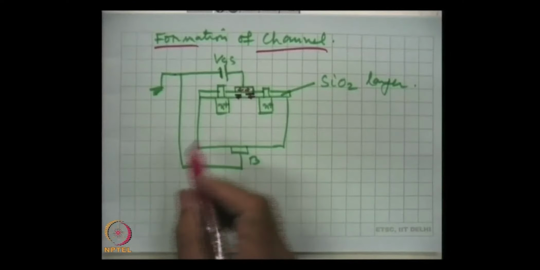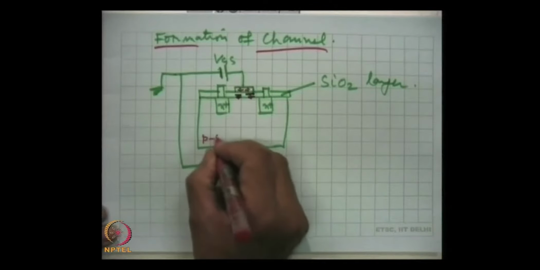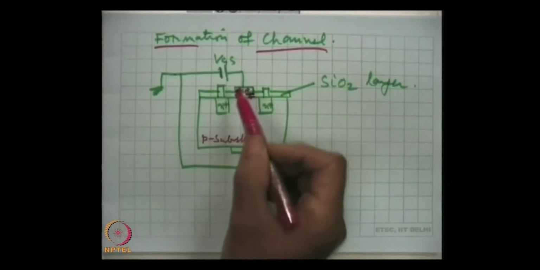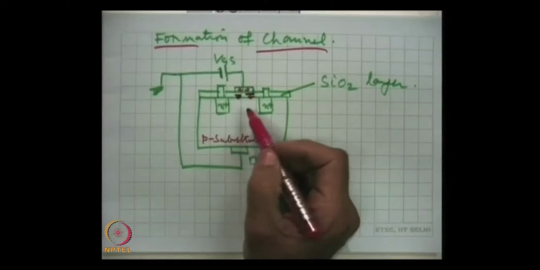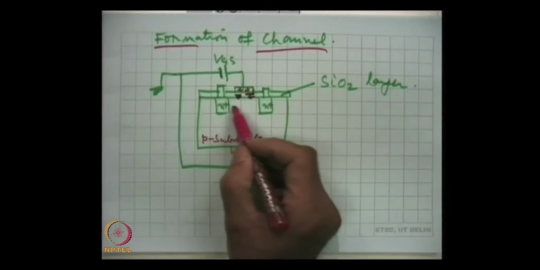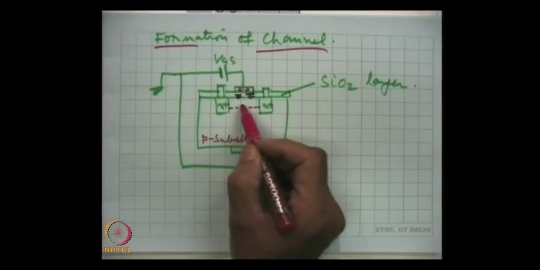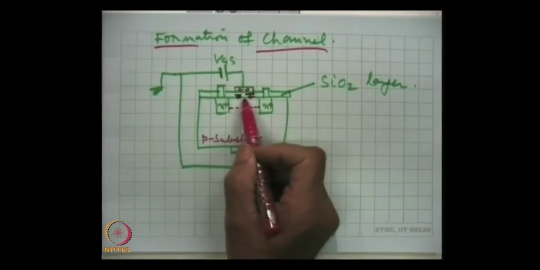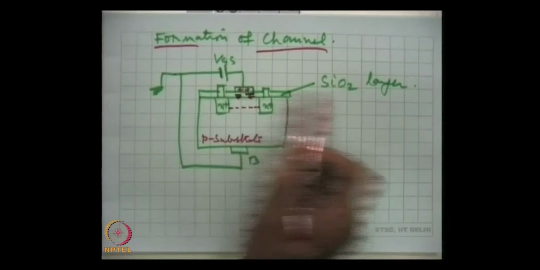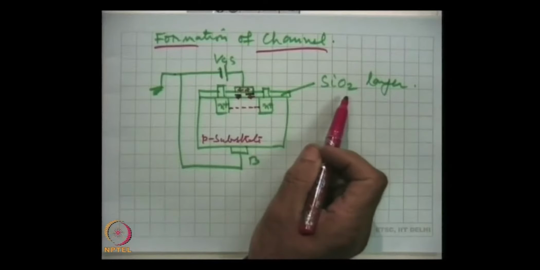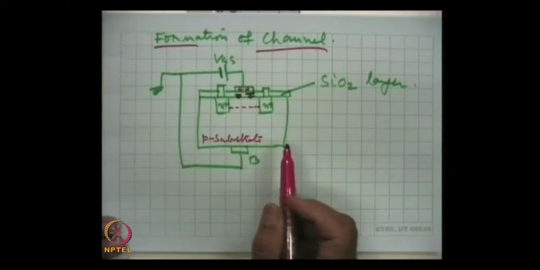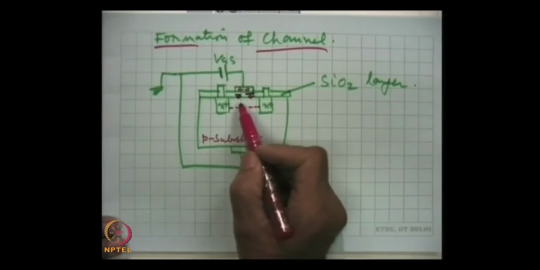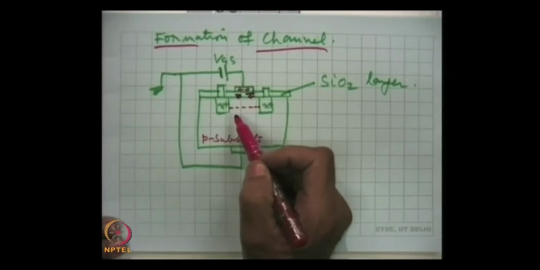This is a P substrate. These positive charges will repel certain holes from this channel region. Holes will be repelled by this induced positive field through SiO2. So, holes will be repelled, and that means in this region there will be reduction in the hole density.